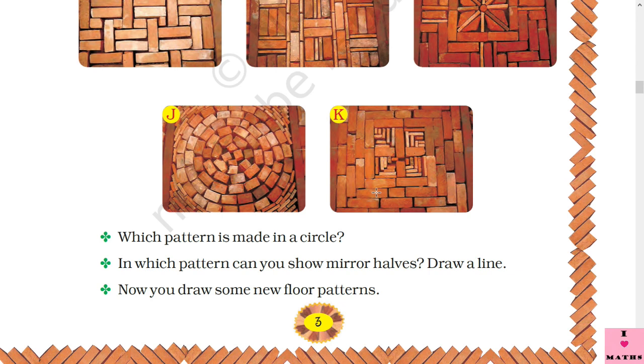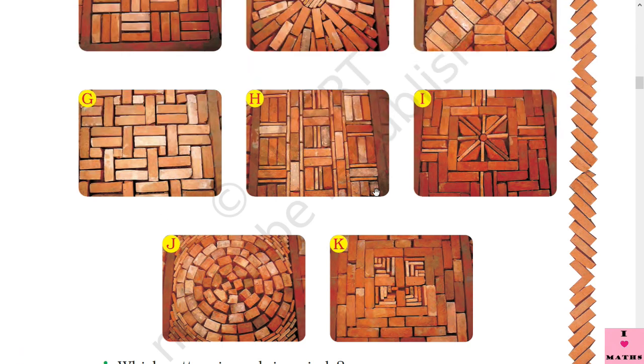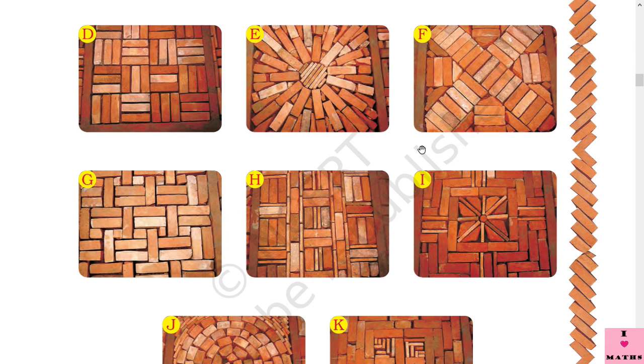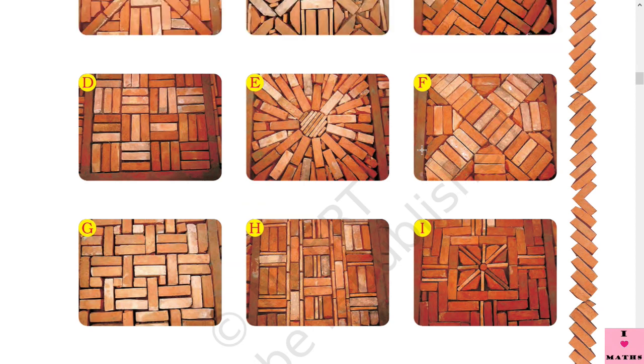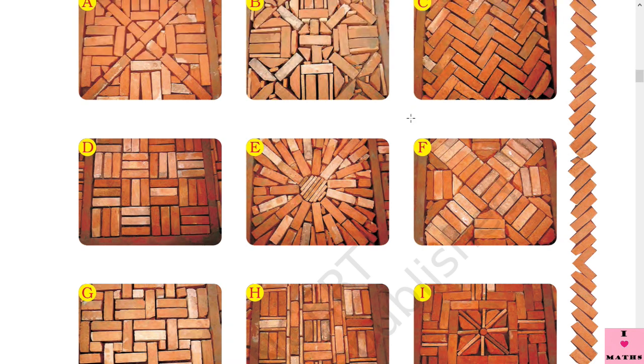In pattern number K, you cannot see any circle. In pattern number G, H and I, we don't see circles. In pattern number D, E and F too, we don't see circles.